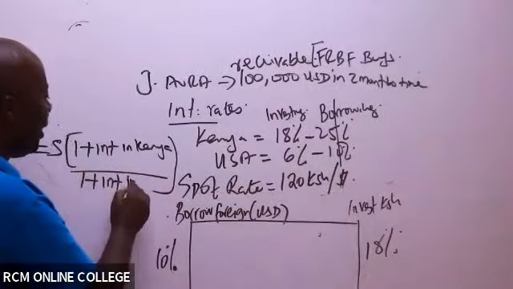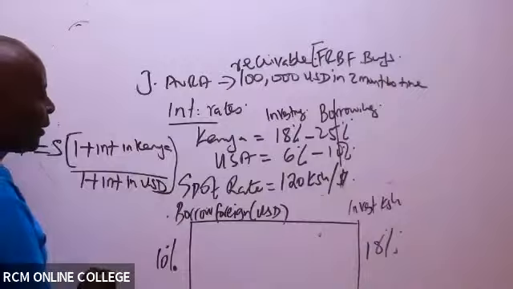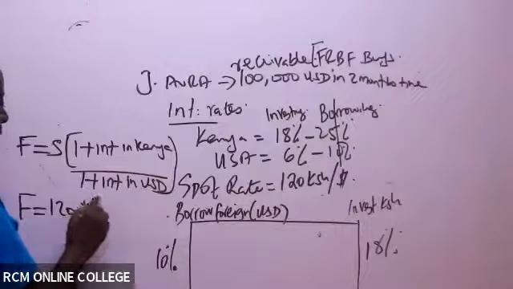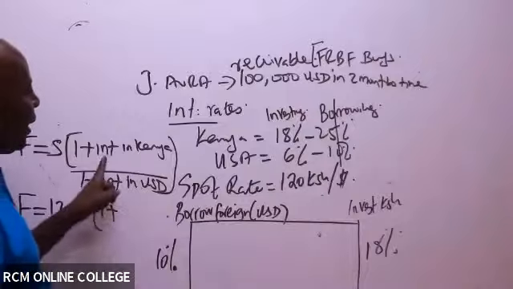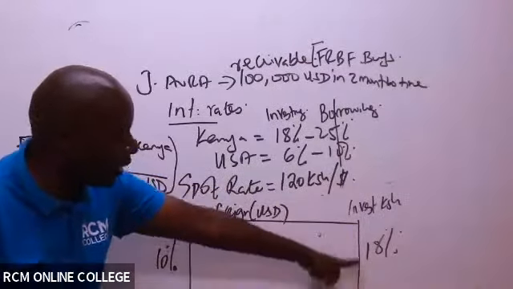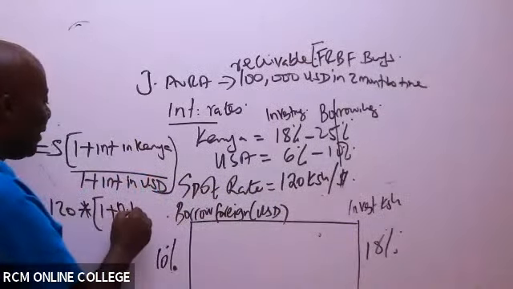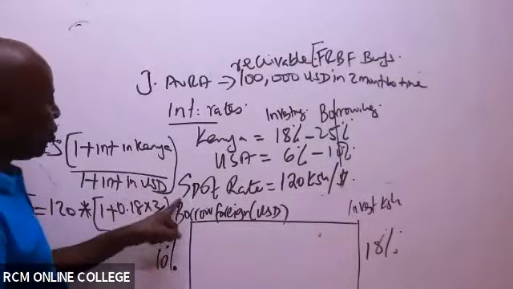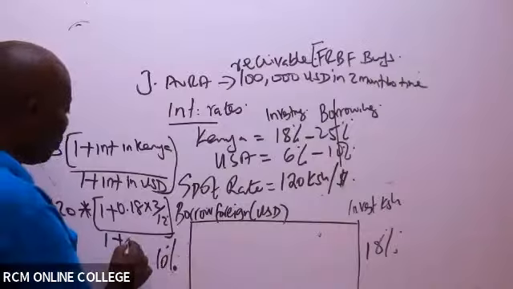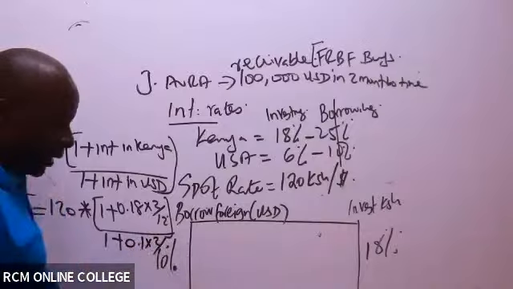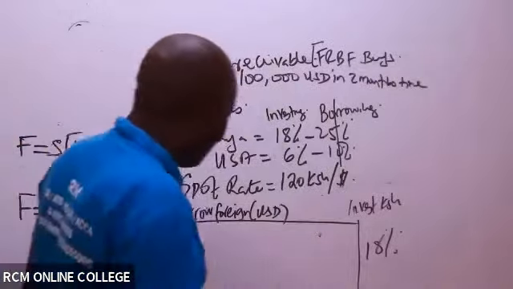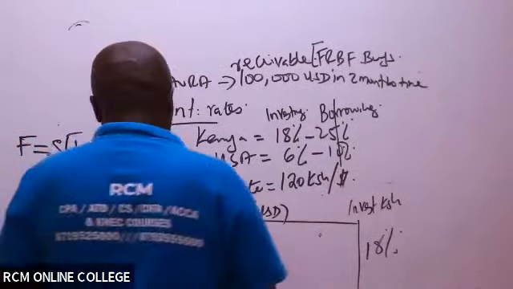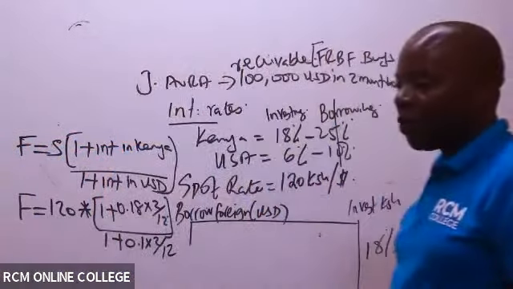So F will be spot 120 times 1 plus interest in Kenya, which is 0.18 times 2 over 12, all over 1 plus interest in USD, which is 0.1 times 2 over 12.